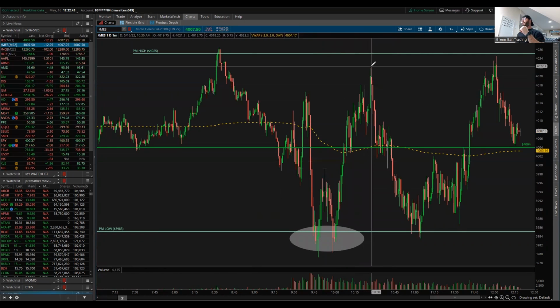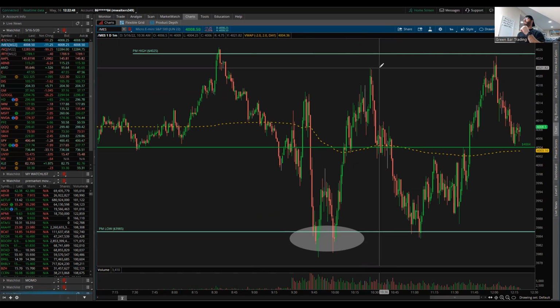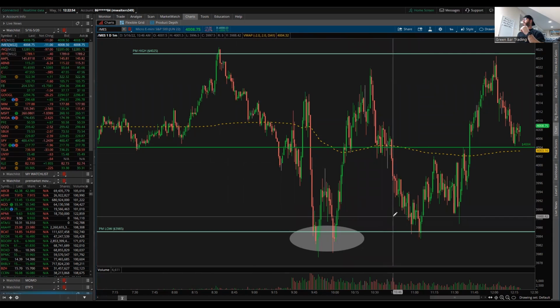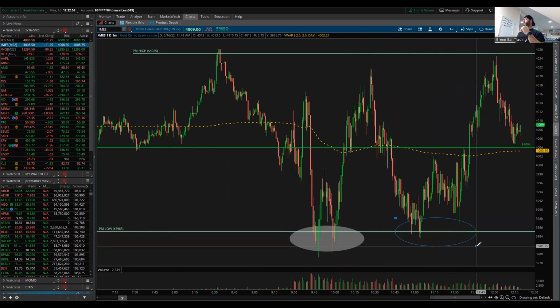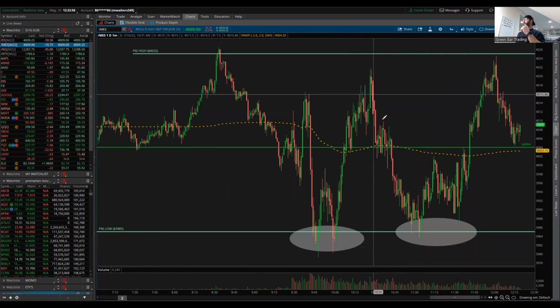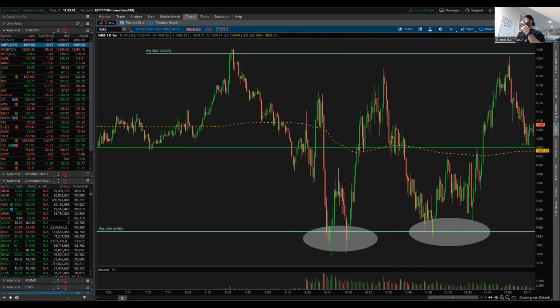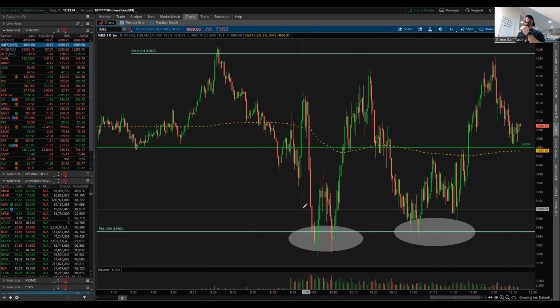So then we come up here, approaching that pre-market high zone. We sell off again, right back to the same area, and it retests. So now what we're doing is trading in a range.